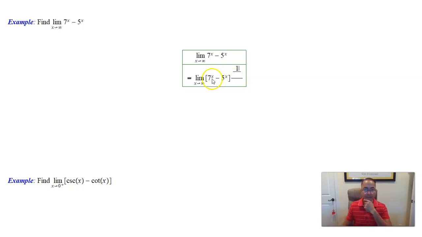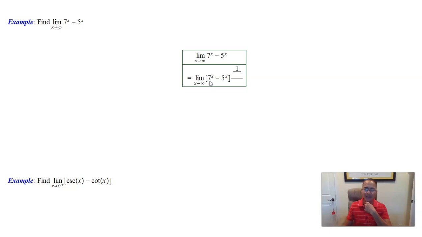So if we chose 7 to the x, we will get 5 to the x over 7 to the x, which is a good thing, because as x goes to infinity, you are getting a base 5 over 7, which is between 0 and 1. So we saw earlier, that will go to 0. If you multiply and divide by 5 to the x, you'll get 7/5 to the x, which will go to infinity.